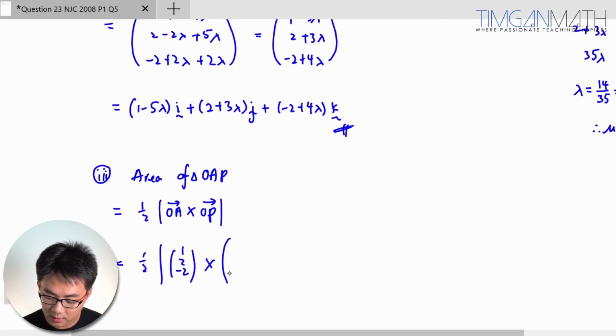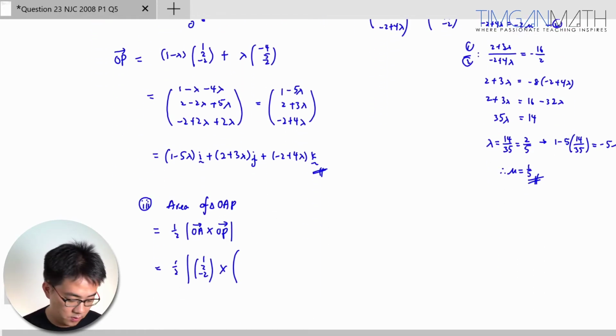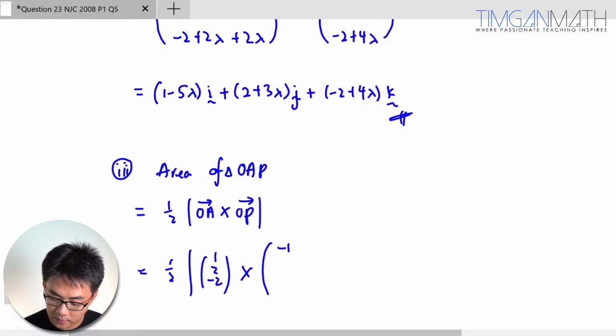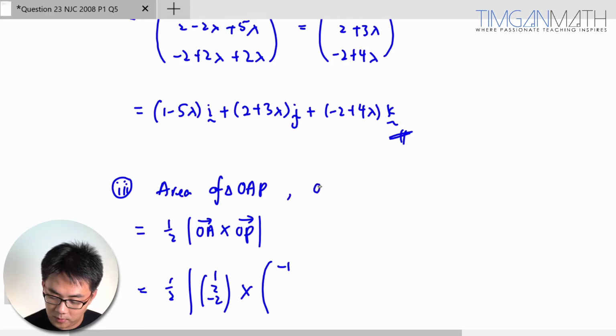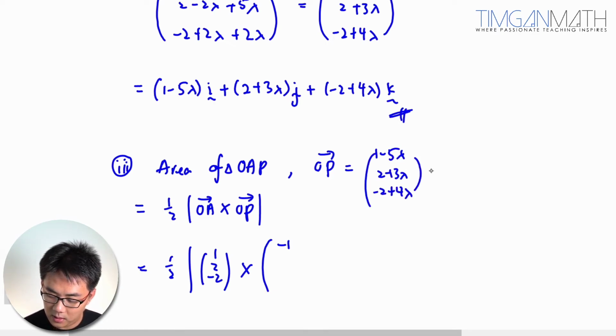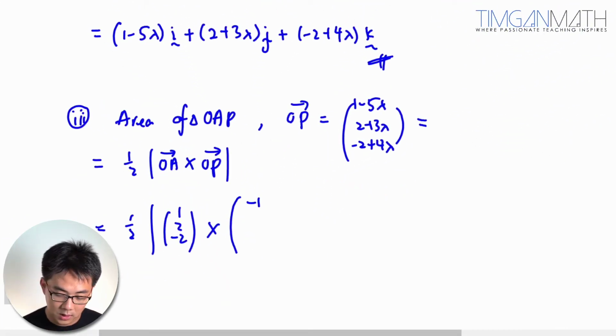Lambda is 2/5. So OP is actually equals to this value here: 1 minus 5 lambda, 2 plus 3 lambda, and minus 2 plus 4 lambda. So when lambda equals to 2/5, just key in.